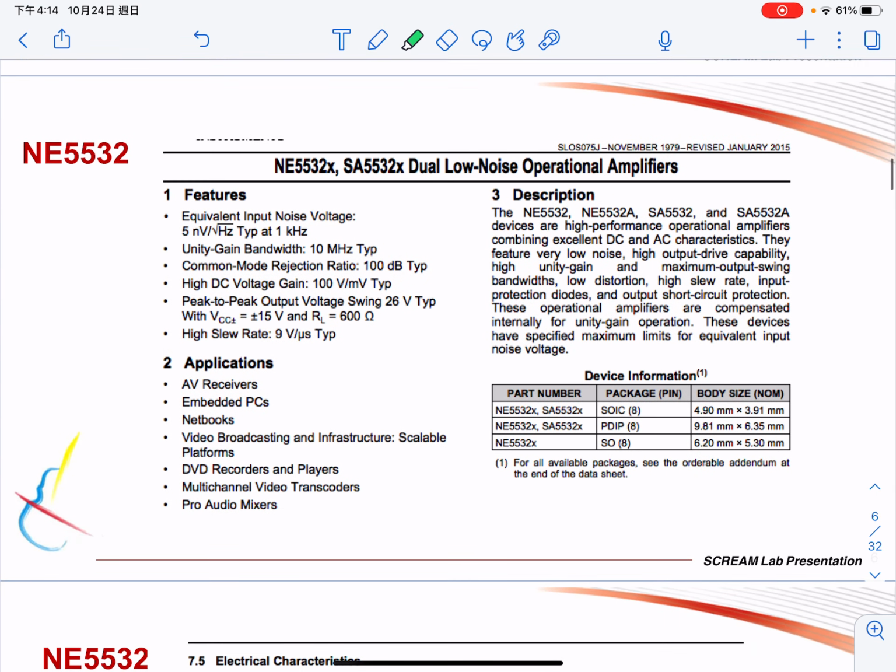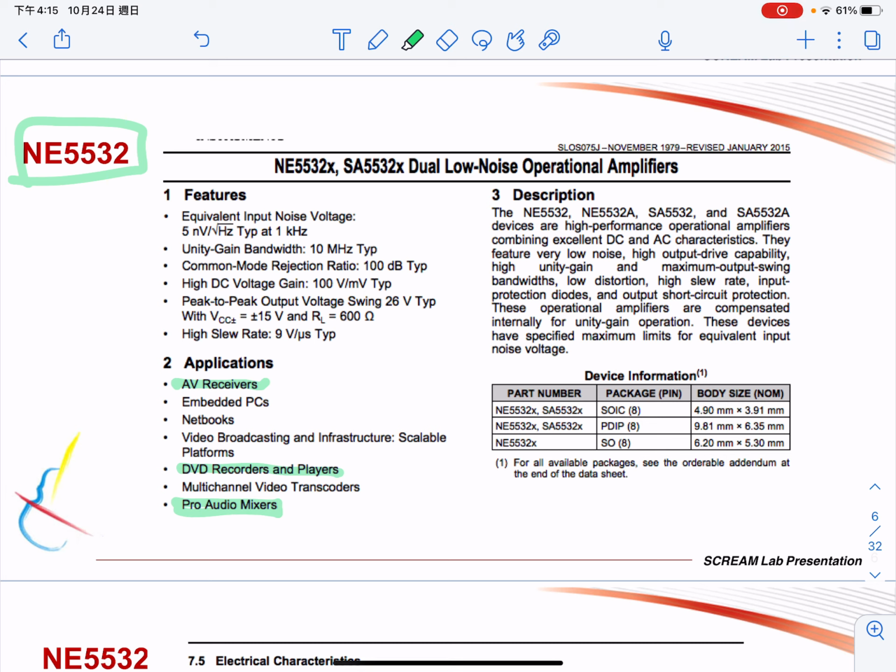But if we go for a better operational amplifier called the 5532, it's usually used in audio applications, such as an AV receiver. You can use it in a DVD recorder and player, or in a pro audio mixer.